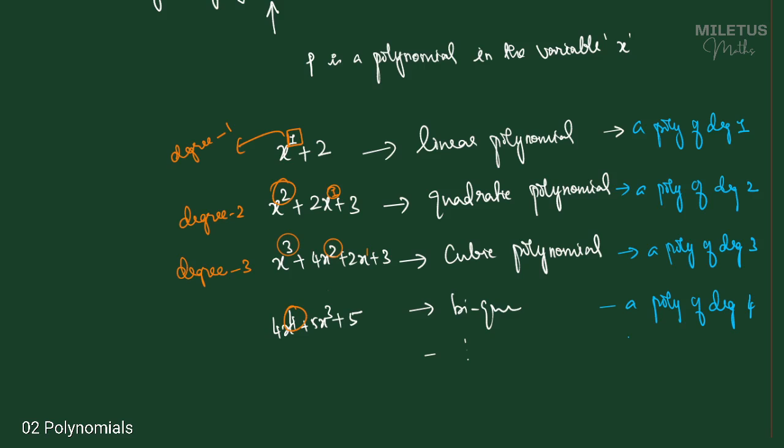Now one more polynomial I wanted to introduce is what if the x term is completely absent? That particular thing is usually called a constant polynomial. Let's say we present only simply 5. We don't have anything else, there is no x term in it.